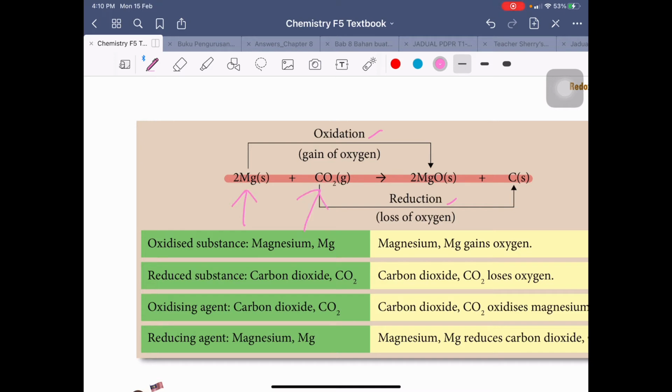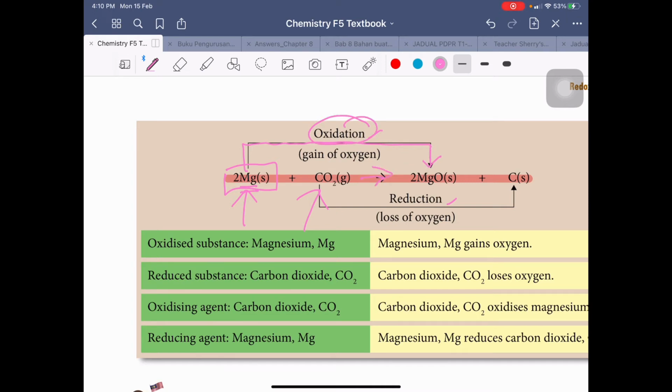Okay, so let us look at the first reactant. The first reactant is Mg, right? So look at Mg. At first Mg saja, but after it undergo oxidation, look at what happened to Mg.